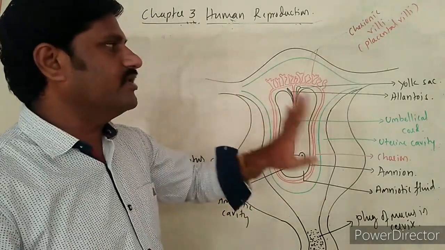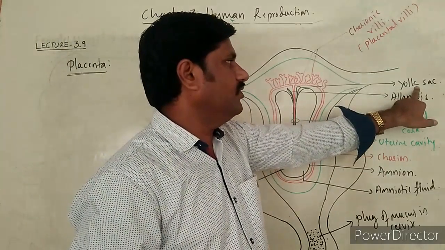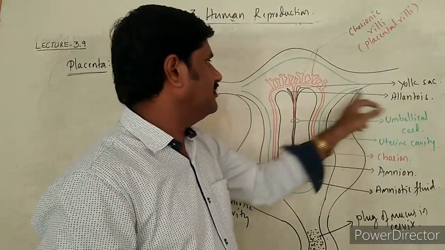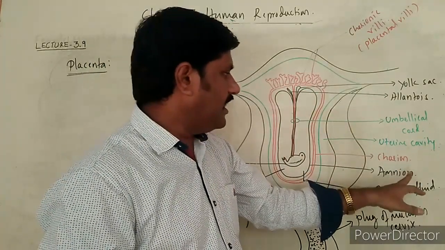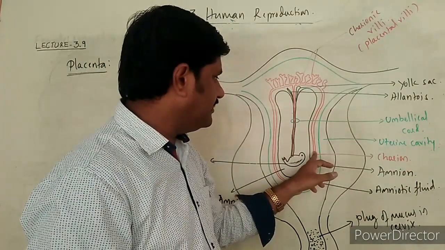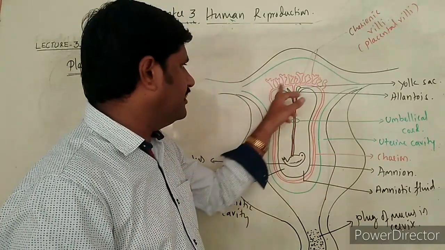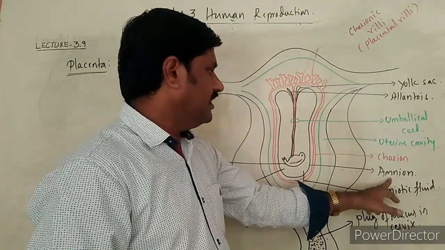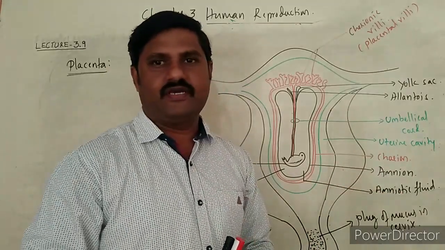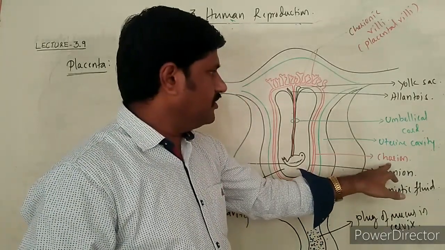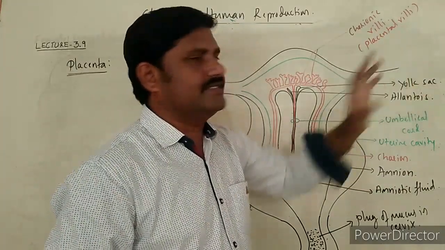See here, four important things are there. One is the yolk sac, the second one is the allantois. This is the yolk sac, this is the allantois, and the chorion is there. This membrane, the red colored one, is called the chorion, and the one inner to that is called the amnion, right? So amnion, chorion, allantois, yolk sac.